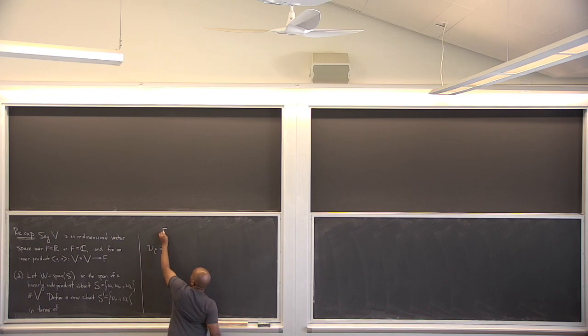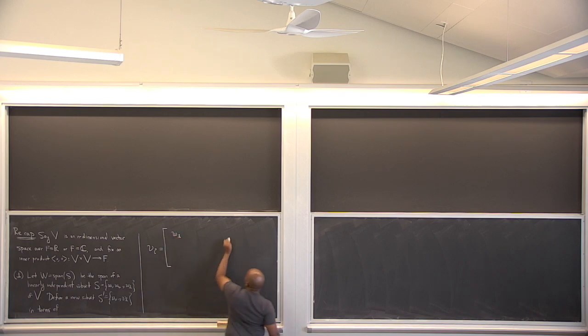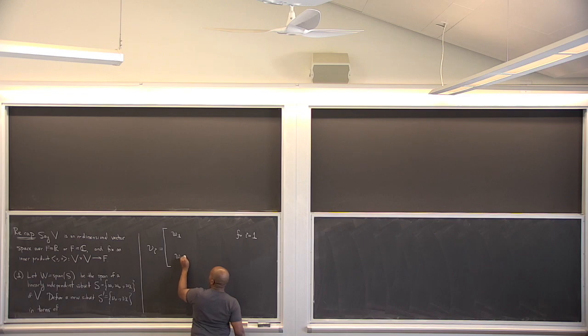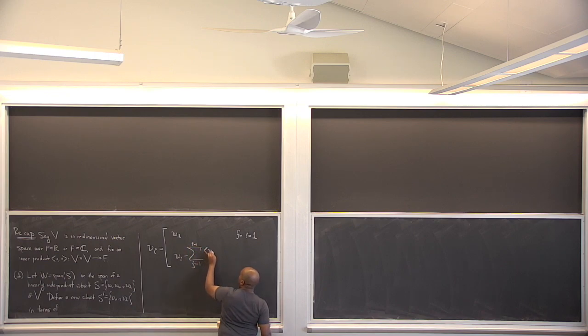So my V_i's are one of two possibilities. Either it's w_1, if we start with i equal to 1, or I'll take w_i and then subtract away these vectors: w_i inner product with v_j divided by v_j inner product with itself.